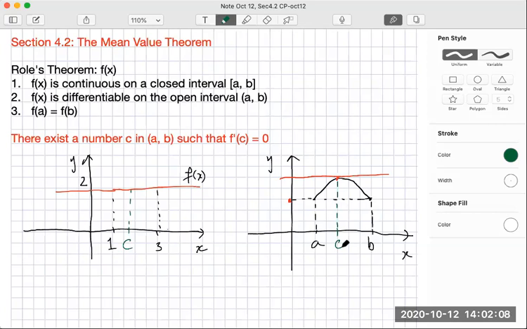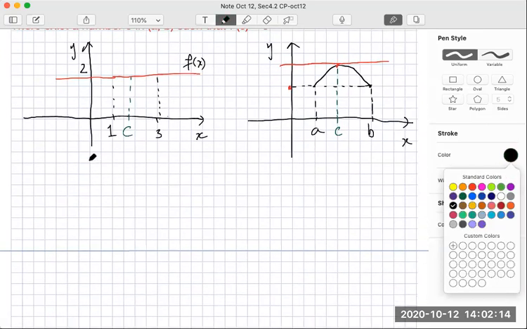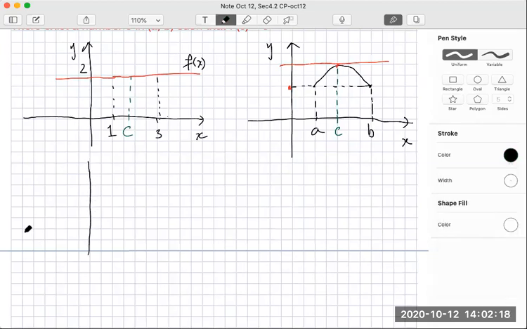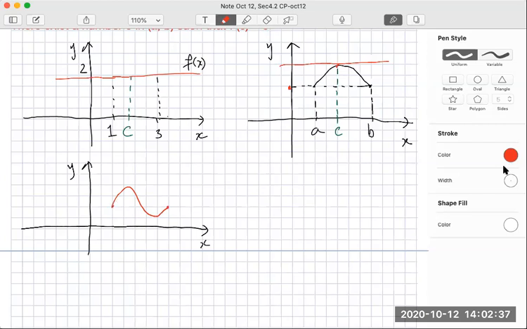Then, how about this guy? The function f of x here is given as this.